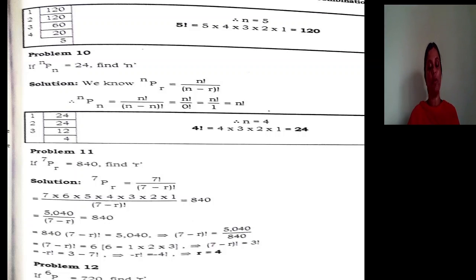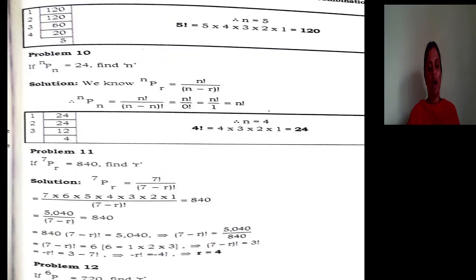When we cross multiply, 840 into (7 minus r) factorial is equal to 5040. (7 minus r) factorial is equal to 5040 divided by 840. (7 minus r) factorial is 6.